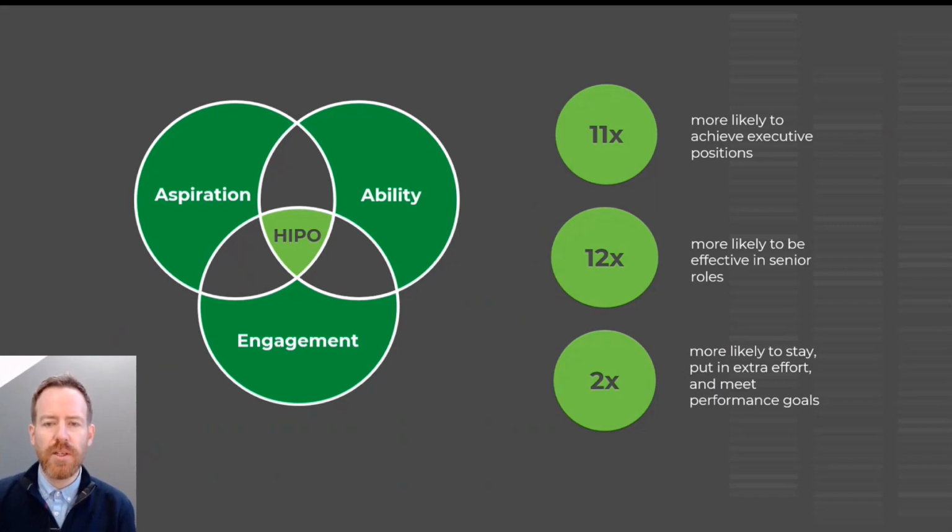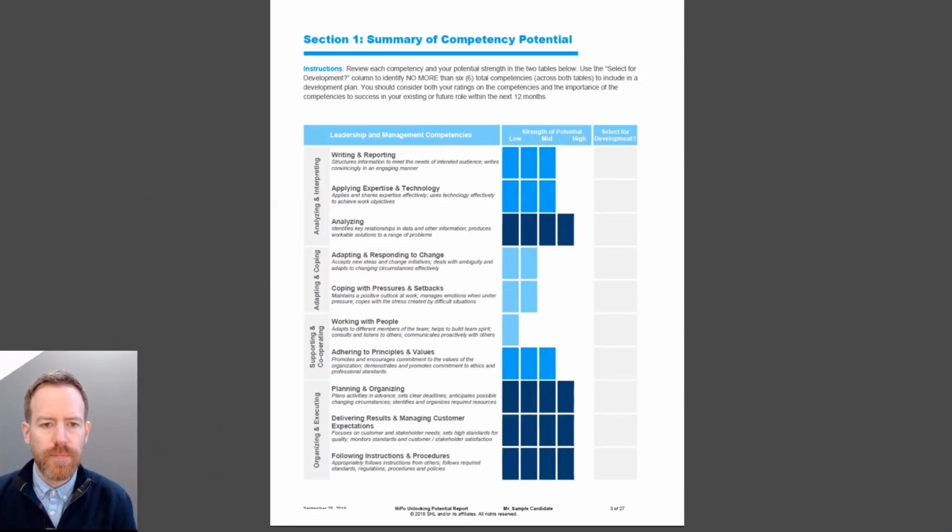But before we have a look at the dashboards of insights to identify those hypos, let's look at what the participants receive once they've taken the assessments. So they receive one of two reports. Those who haven't been identified as a hypo through the science receive a development action planner, and the ones that have been identified as a hypo receive this report, which is the Unlocking Potential report.